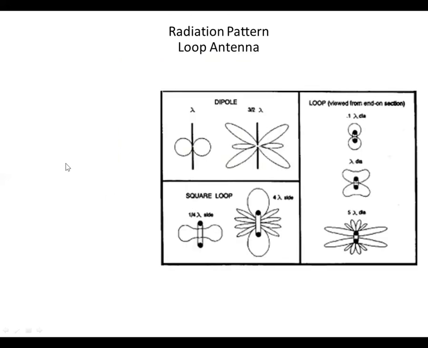Okay. Now the loop antennas, like I said, I've never used one, and I don't have a real good feel for how they work. But I do know that the radiation pattern for the loop is dependent upon the wavelength or the fractional wavelength that you drive the antenna with. They're usually pretty low noise antennas, but it would be hard to give you more information than I just gave you.